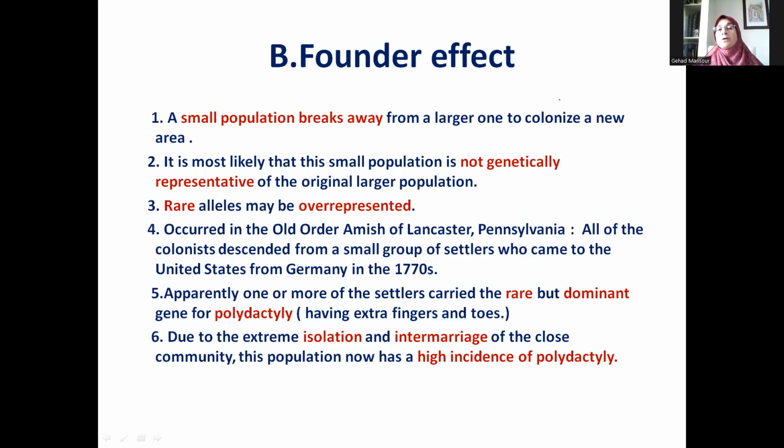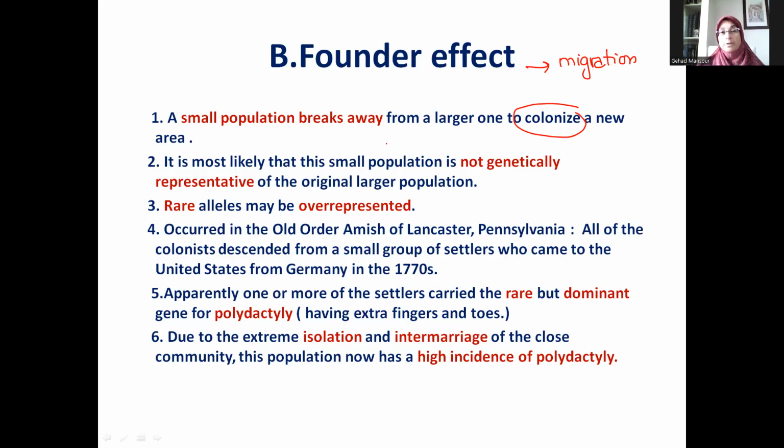Now, the founder effect is another example of genetic drift, but here we don't have catastrophic events, we don't have natural disasters. The founder effect differs from the bottleneck effect in that it's all related to migration. So, for example, we have a small population that breaks away from a larger population and they go to colonize a new area.